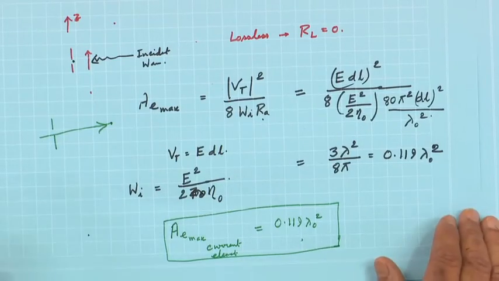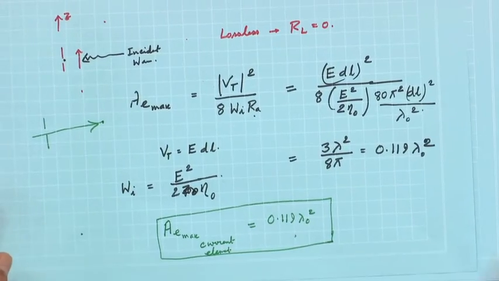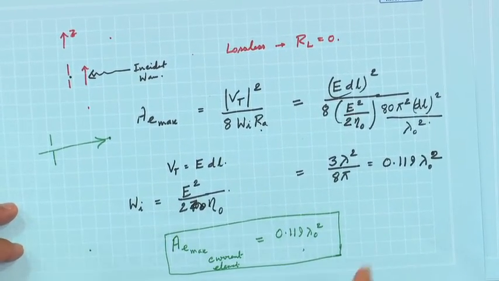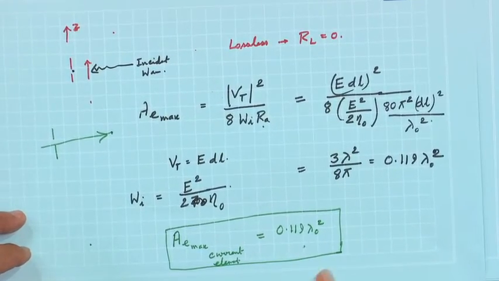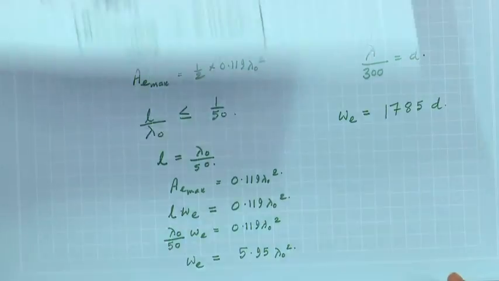That is why we studied the current element for many other things. It gives us a very good picture of what happens in other complicated antennas, from which we derive some general things, but it is also a very good radiator because of its structure and geometry, and that is proved here.